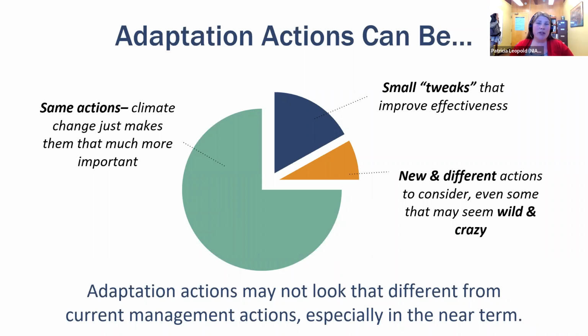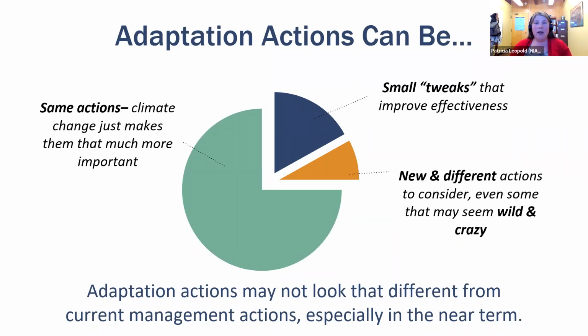A smaller proportion of the adaptation actions that we see are small tweaks that are the same actions, but just a little bit different, so that they're even more effective at improving your odds of meeting your management objectives. So it's kind of like taking that management action and then just changing it a little bit to become an adaptation action.